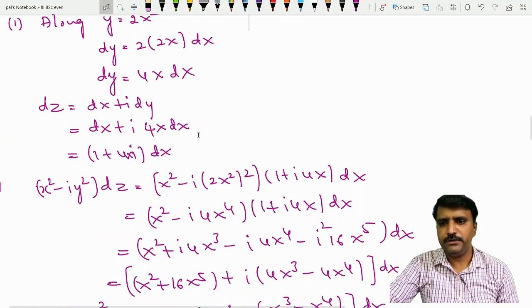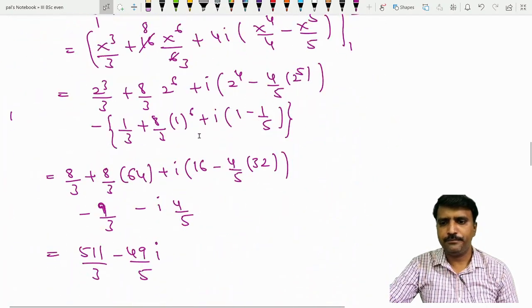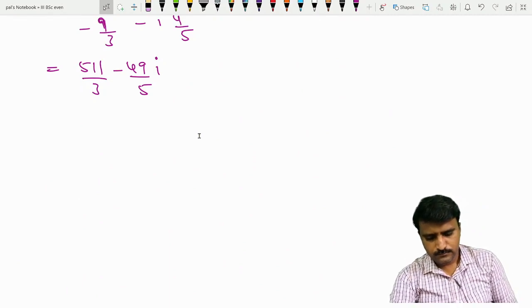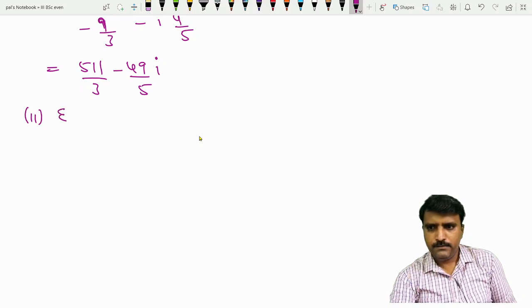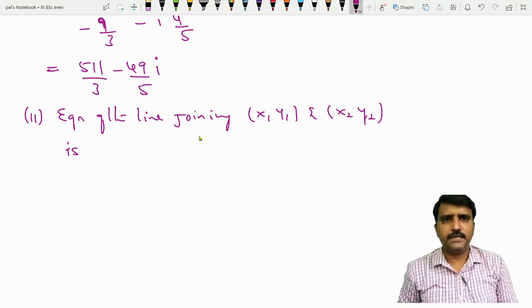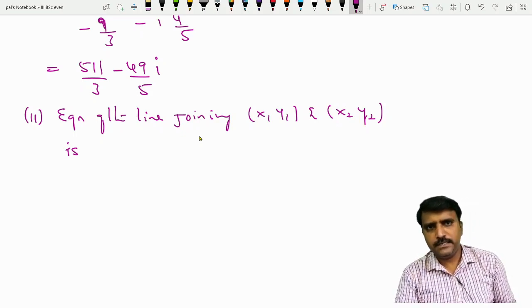Yes, all of you know that the equation of the line joining x1, y1 and x2, y2 is, I think you know how to write the equation of the straight line joining x1, y1 and x2, y2.